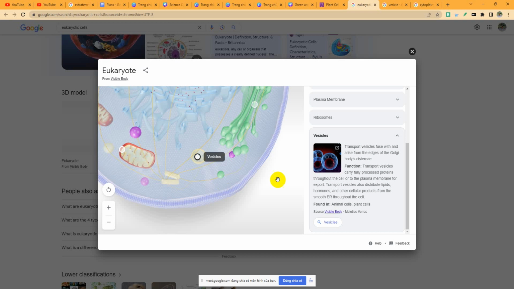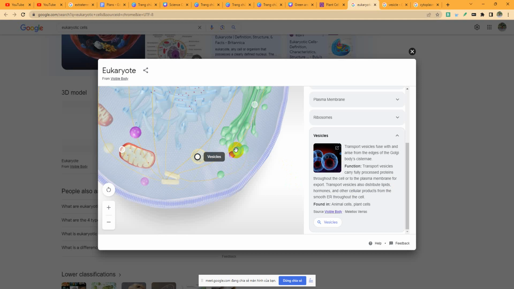But anyway, with that being said, I'm just gonna read out loud this definition. Transport vesicles carry fully processed proteins throughout the cell or to the plasma membrane for export. So basically, these vesicles are also responsible for exporting proteins to the outside of the cell.